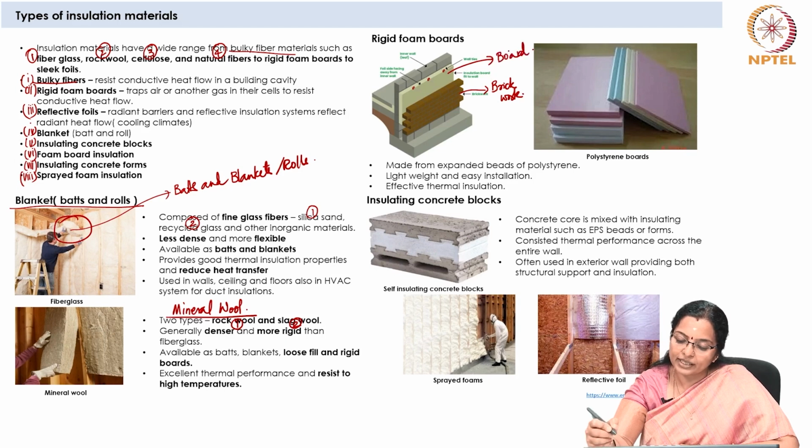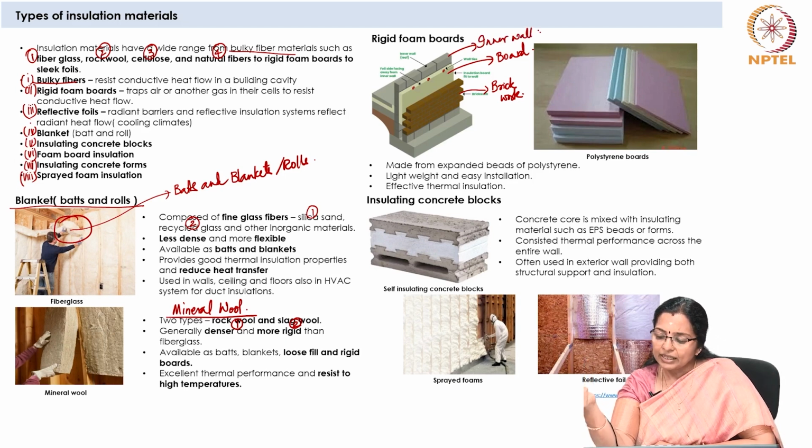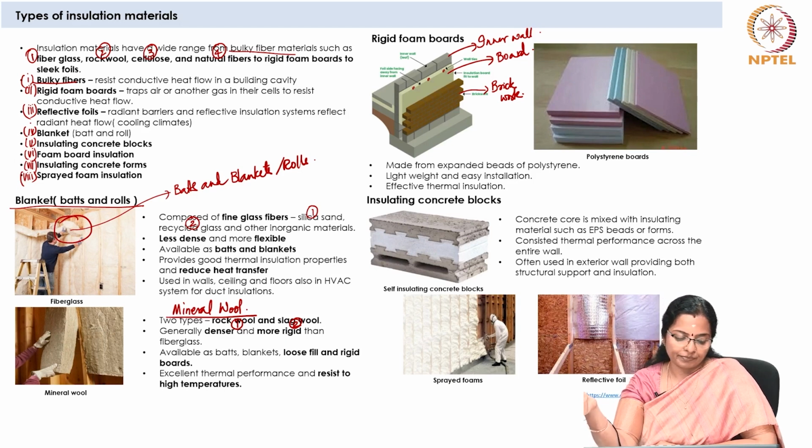This is the insulating board and this is the inner wall. So there are polystyrene boards which are rigid foam boards. They are made from expanded beads of polystyrene. They are lightweight and easy to install and they are effective thermal insulation.